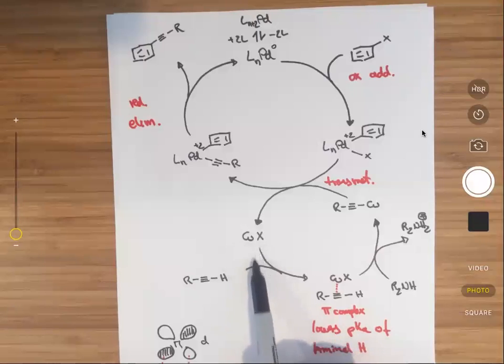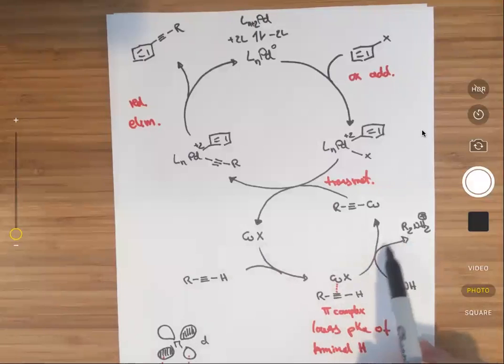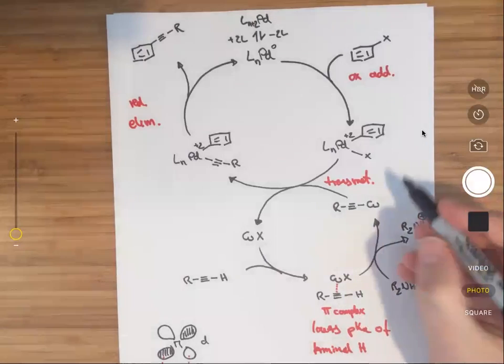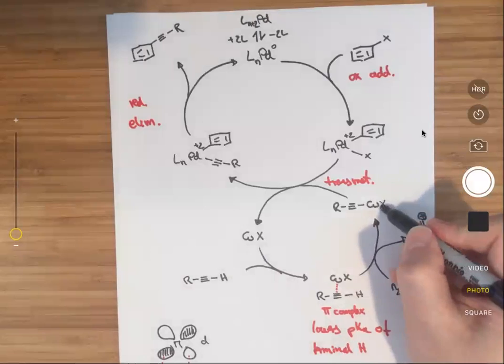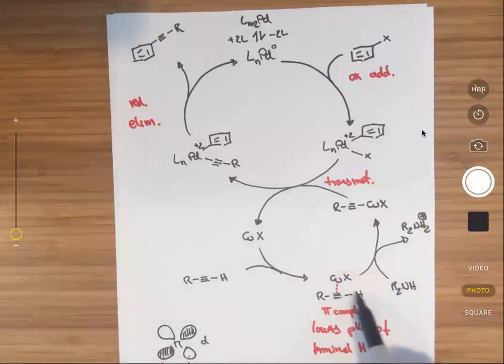This copper makes this pi complex, and then this pi complex increases the acidity of this proton here. This proton gets abstracted by the base, so it just snatches away. This is a simple acid-base reaction. And the copper takes on this position here and then moves back into the catalytic cycle, right?